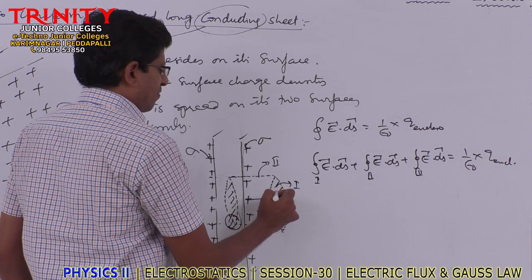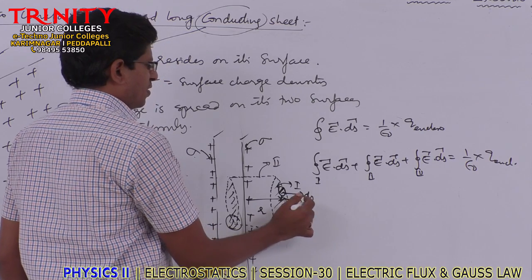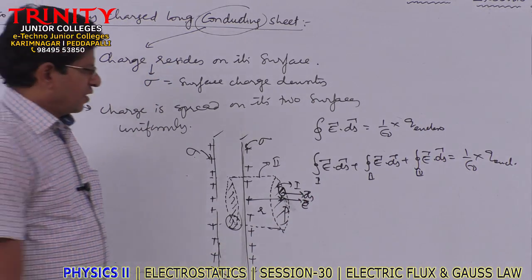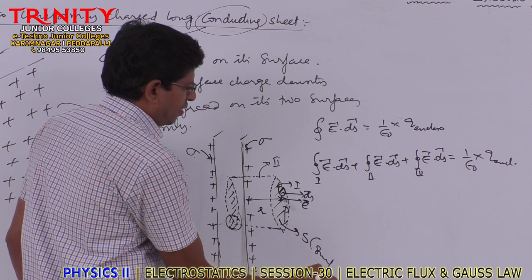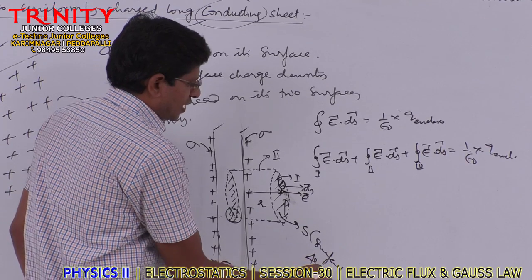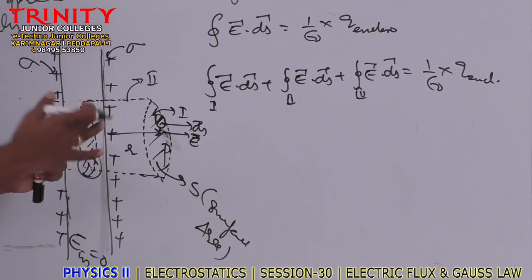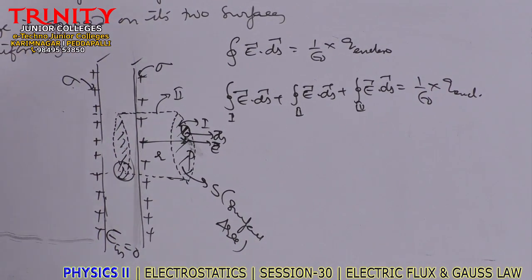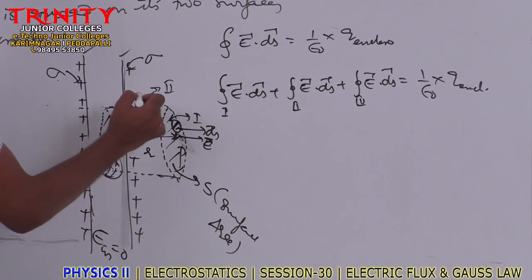On the first one it survives because ds is like this, E also in the same direction, so angle is 0, cos 0 is 1. And the area of this one, let us suppose S is the surface area of the cap and also the surface area of the charged sheet within the Gaussian surface. So you can say this survives. What about the second surface here?